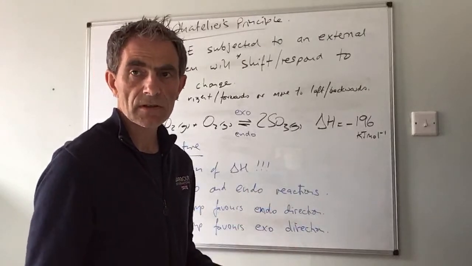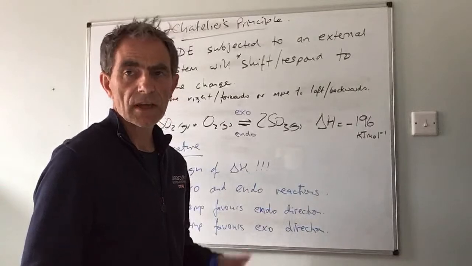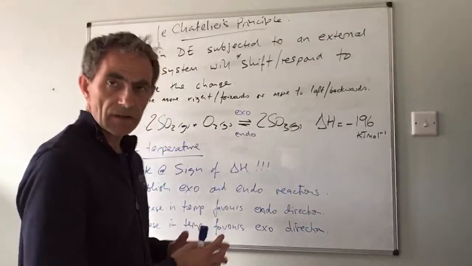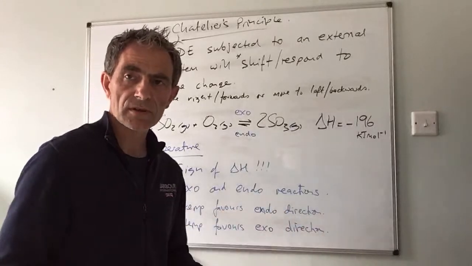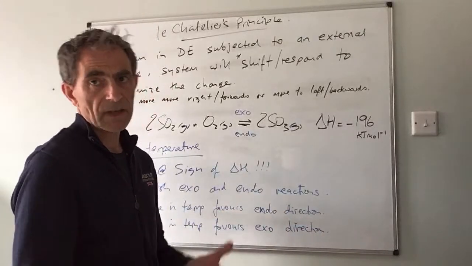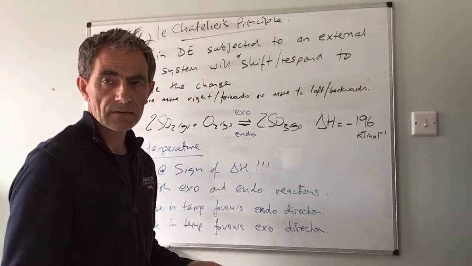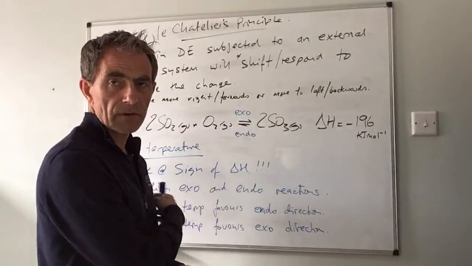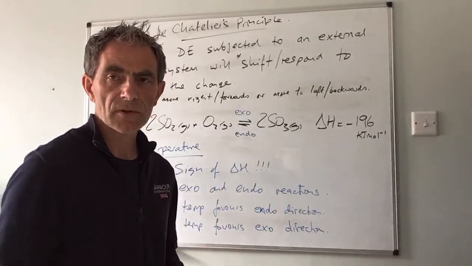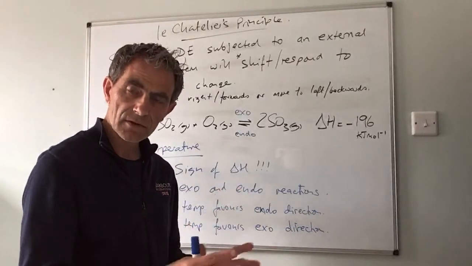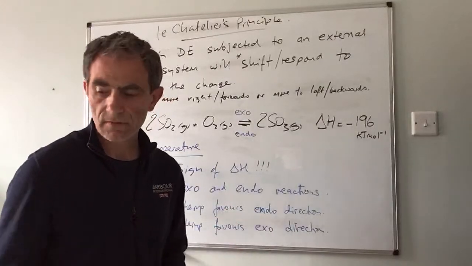But in the meantime, if you're happy to accept that it moves to oppose the change. So if you heat it up, it wants to cool back down again. It does that by following the endothermic direction. It is more complicated than that, but for AS level, which is what we're doing, that's what you would say.